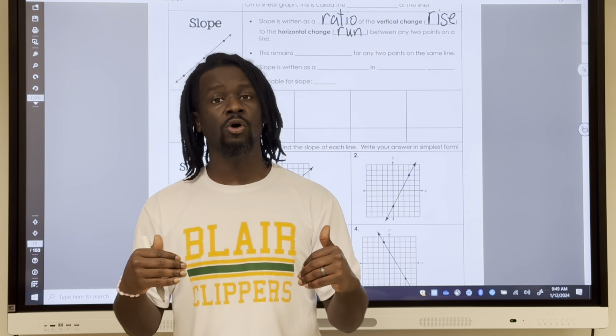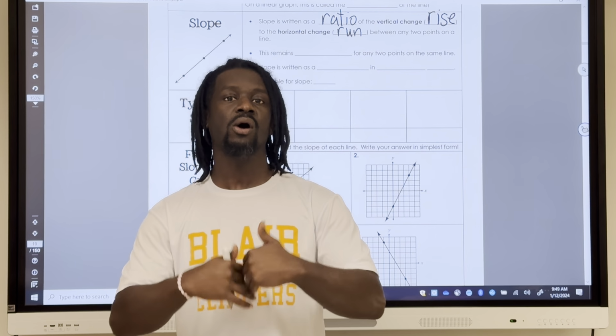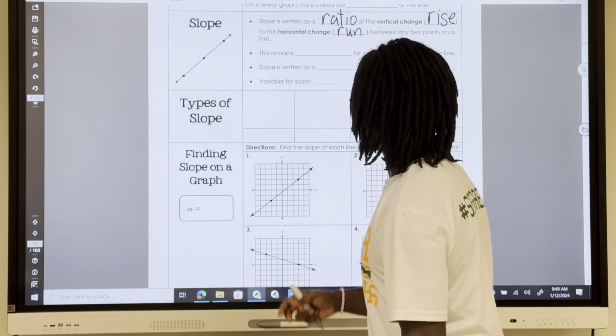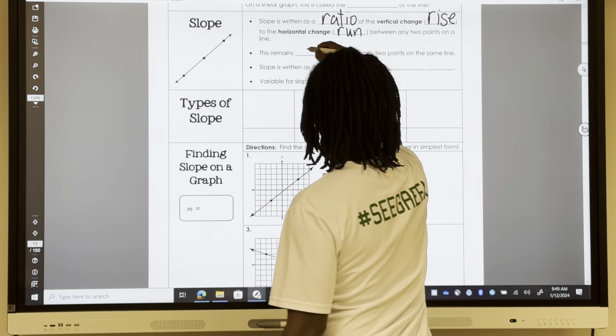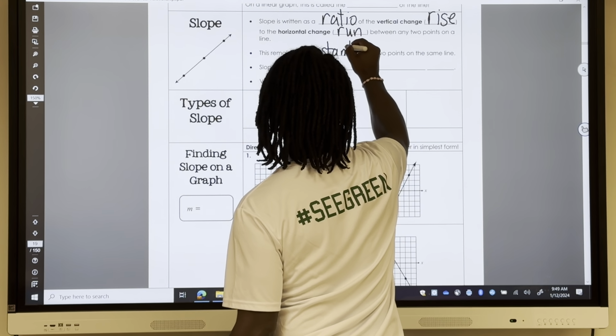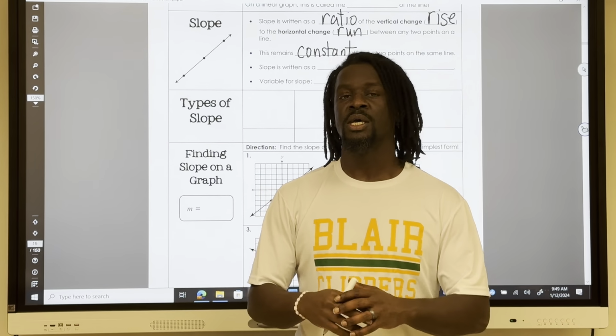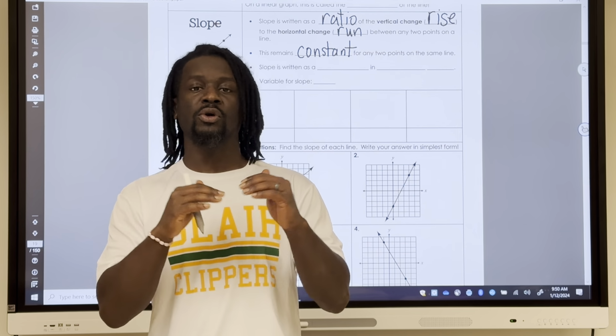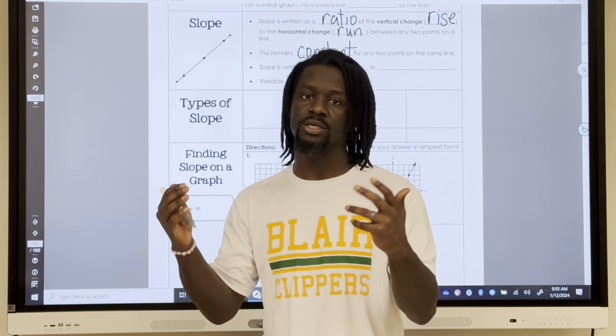The slope tells you how it is changing, what the rate of change is. For a graph, the slope is going to remain constant.